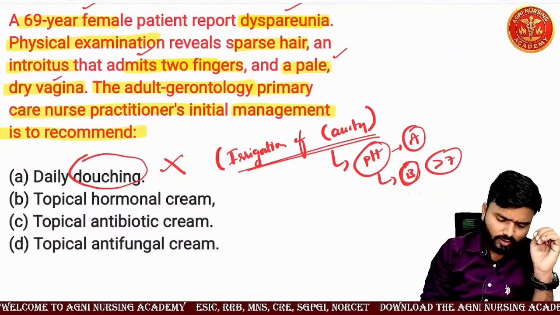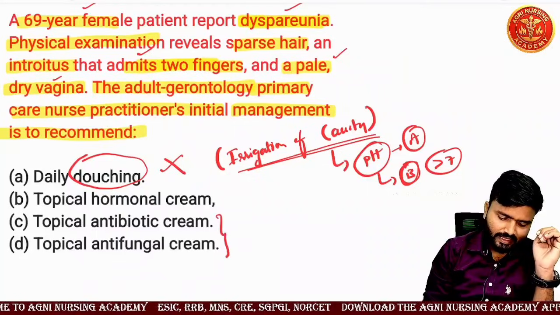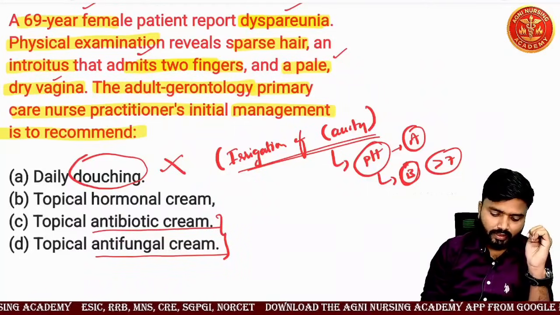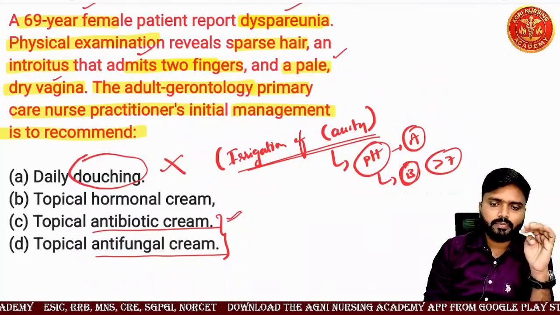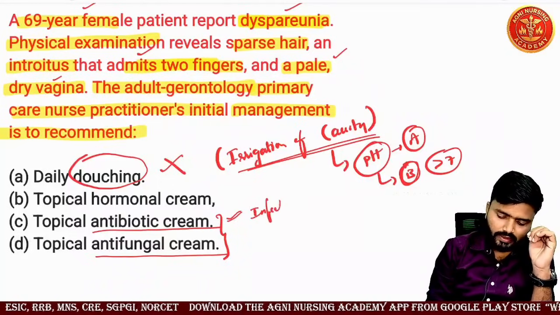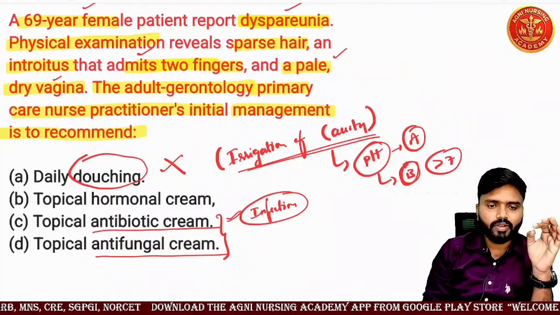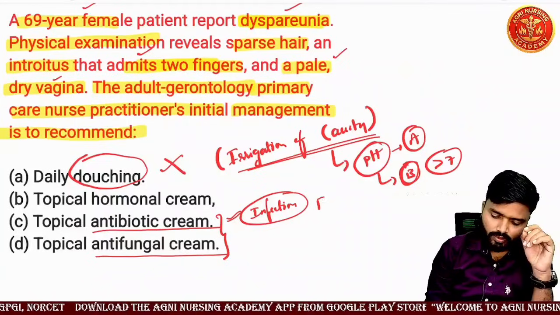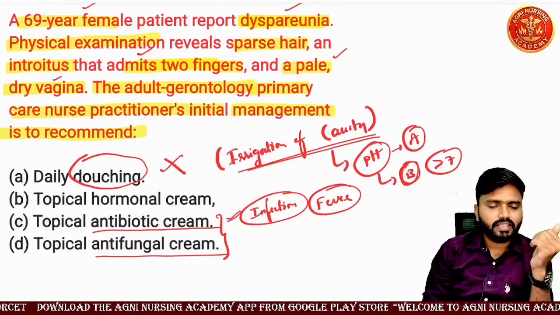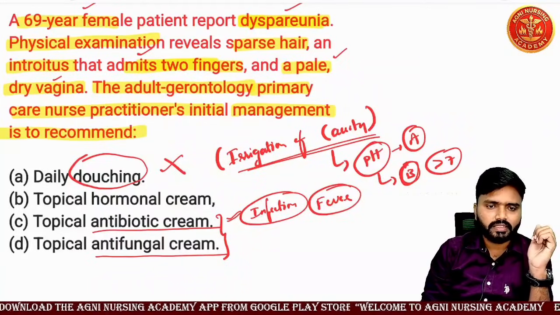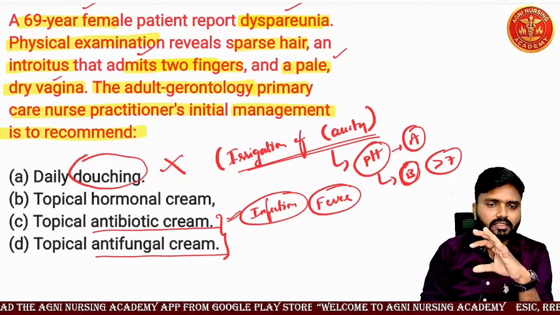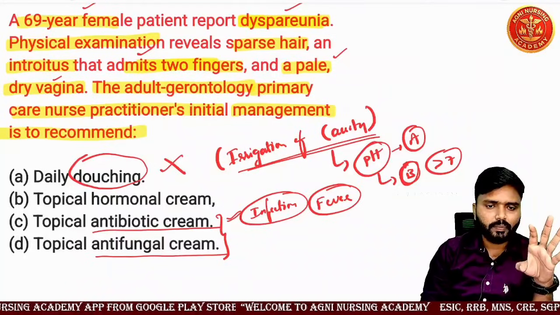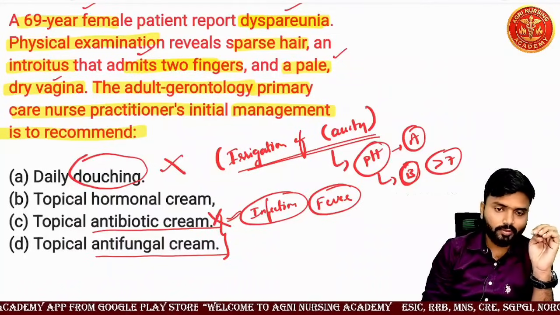Okay, next, option C and D: the antibiotic cream and the antifungal cream. We apply antibiotic cream if there is any risk of infection. If she had an infection there would be a chance of fever, but the symptoms do not mention any fever spike or any signs and symptoms of infection, so the antibiotic cream is not needed.